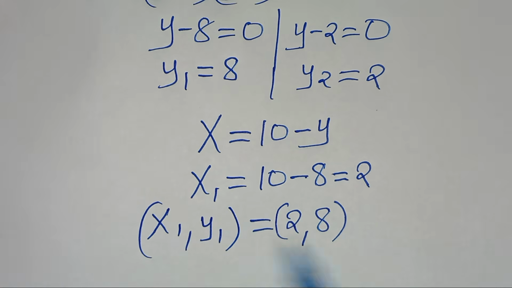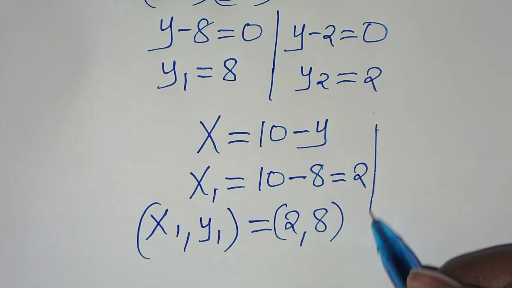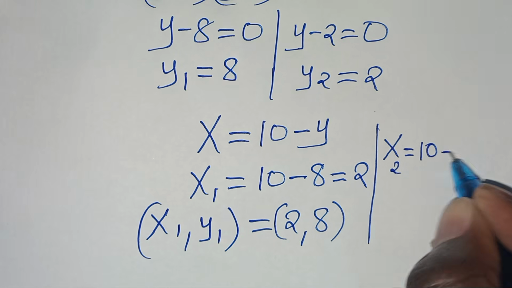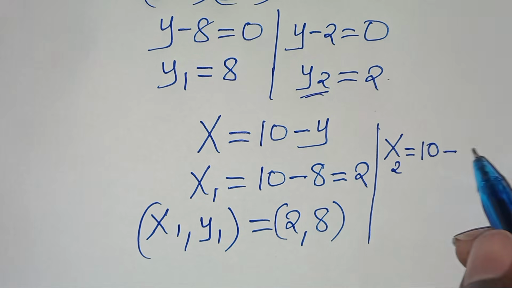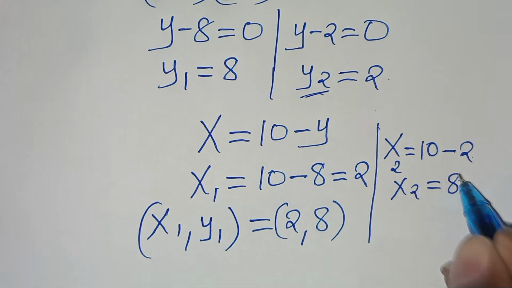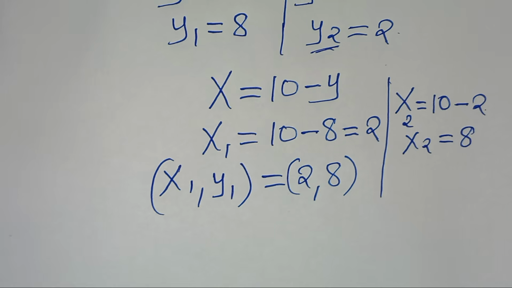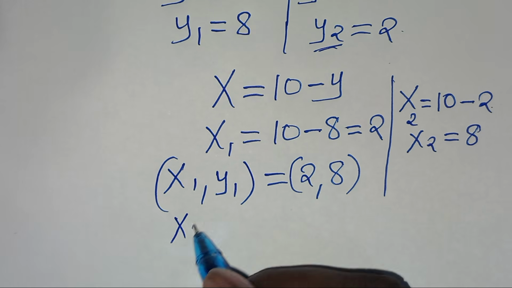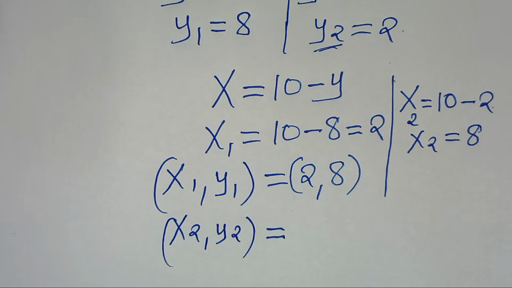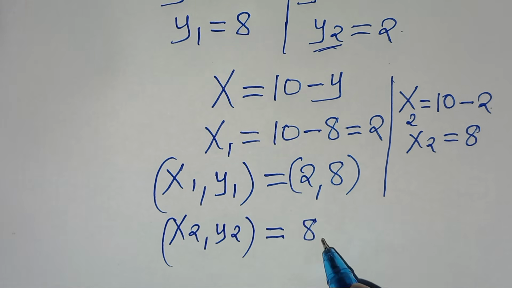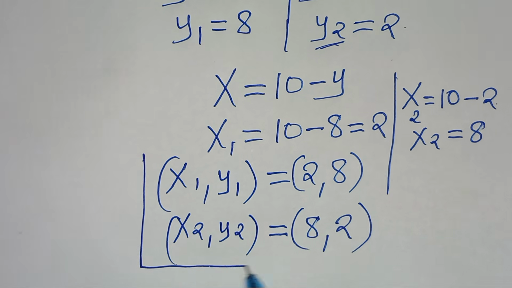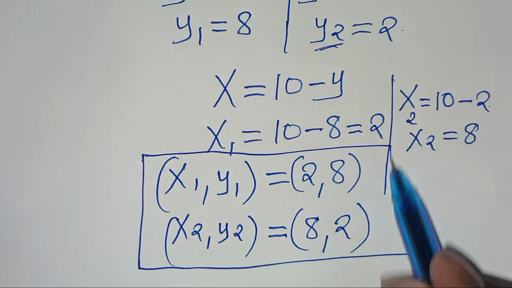Let's solve for x2. x2 is equal to 10 minus y2, which is 2, and this means that x2 is equal to 10 minus 2, which is equal to 8. So the second set of solution, x2 comma y2, is 8 comma 2. So these are the solutions to this algebra problem.